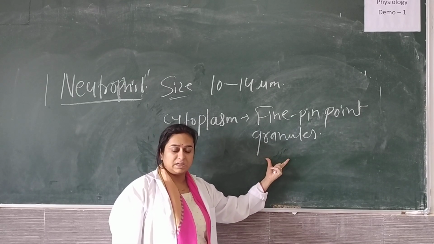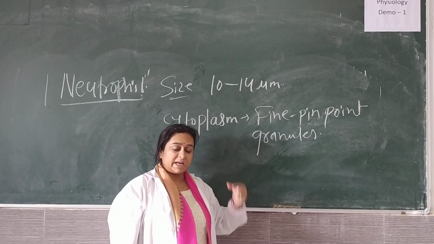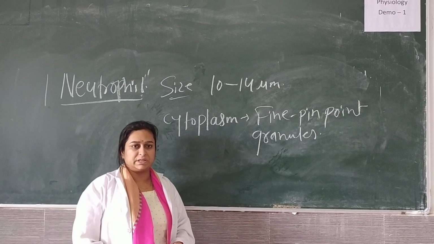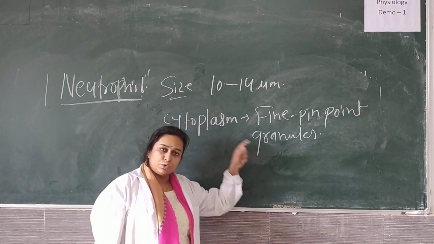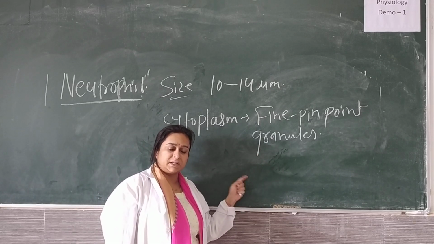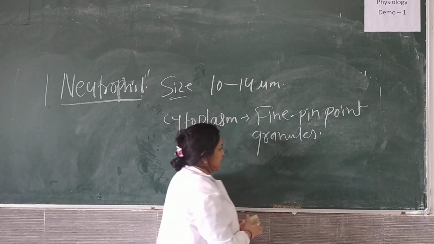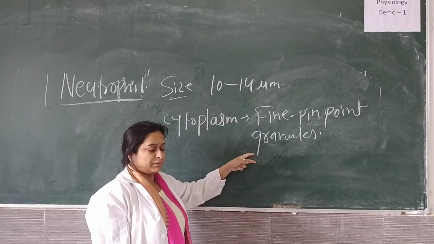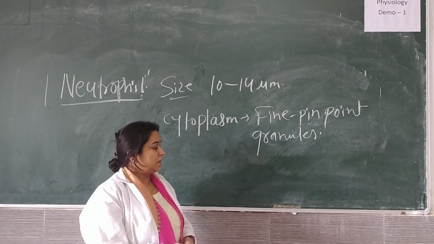They are sulfatase, glycosidases, proteolytic enzymes. As we all know, WBC play a very strong role in immunity. Neutrophil along with monocyte form the first line of defense. So that's why the granules play a key role in the function of neutrophil.